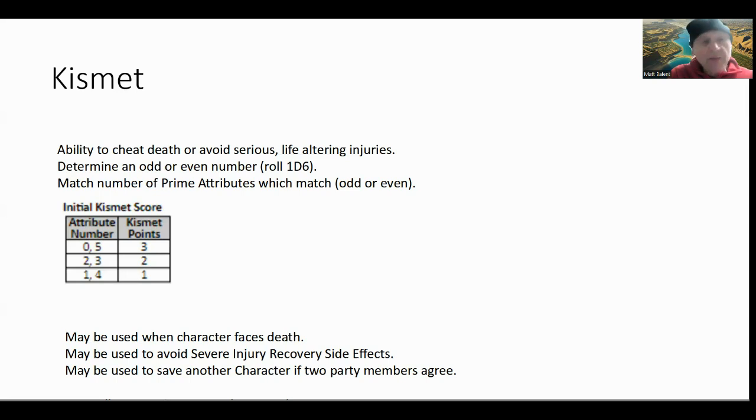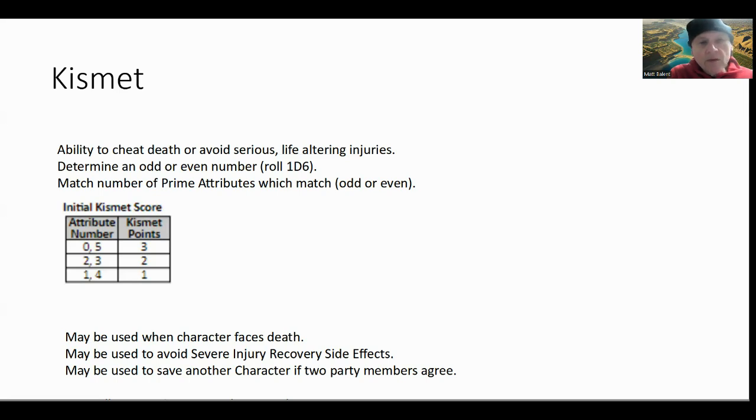Now, it is possible to have Kismet points awarded to you, but you would have to do something so extraordinary that the gods would grant you this, so to speak. But like I said, they're used when the character faces death. You can spend a point and you don't die, or you can spend a point and not have to roll on the severe injury recovery side effects table.